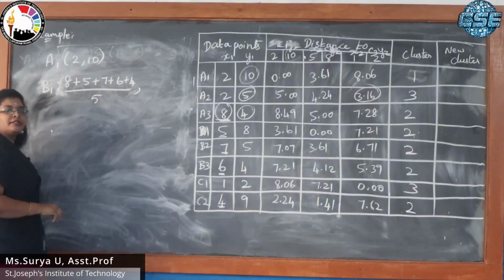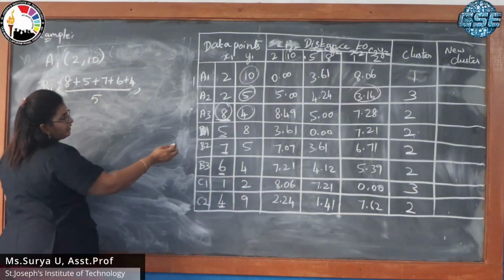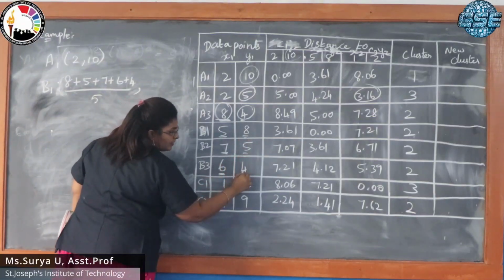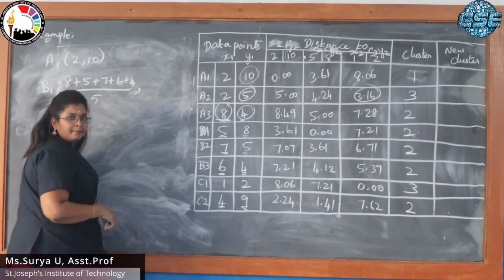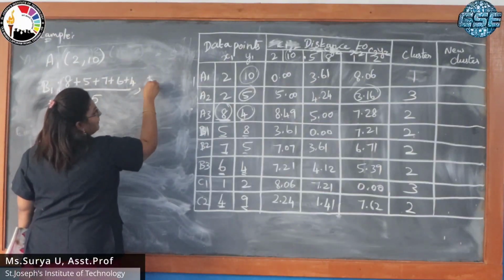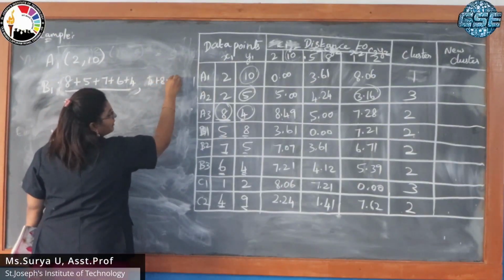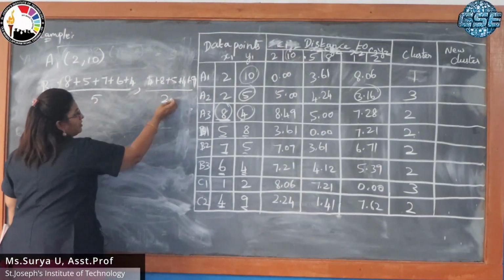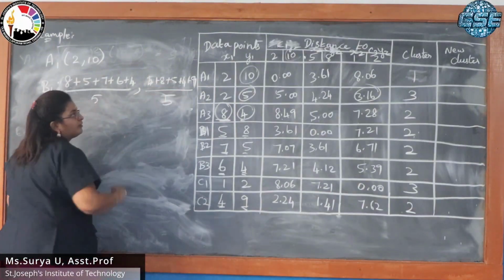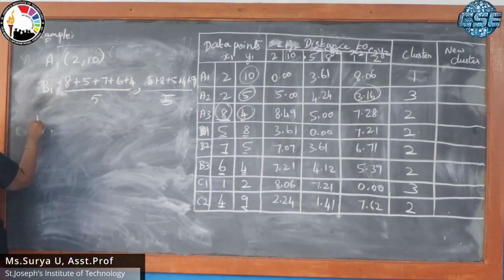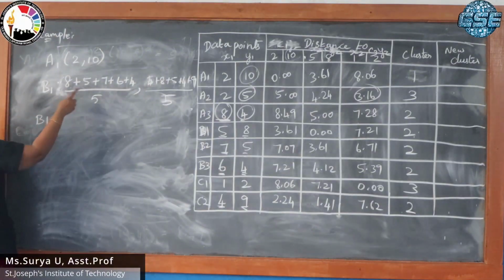Similarly, you have to take it for the y. So what are the y values? 4 plus 8 plus 5 plus 4 plus 9, divided by 5 again. You are taking the average value. Now just calculate.